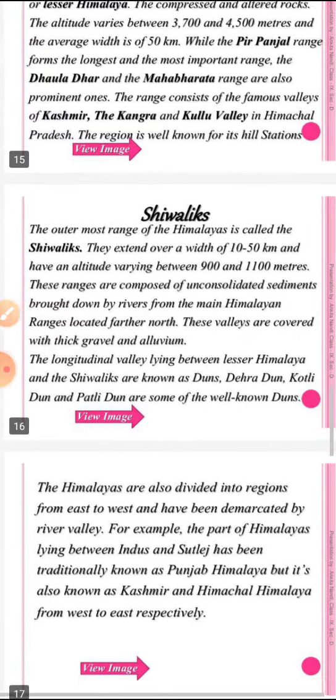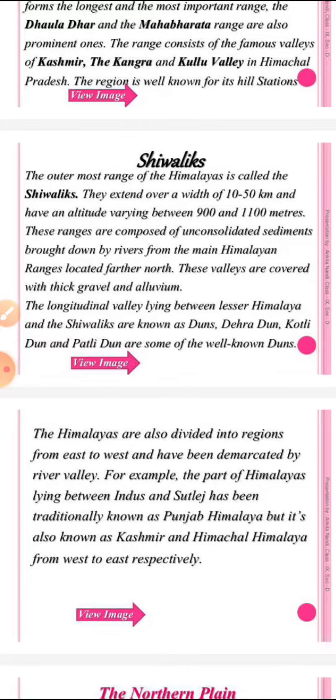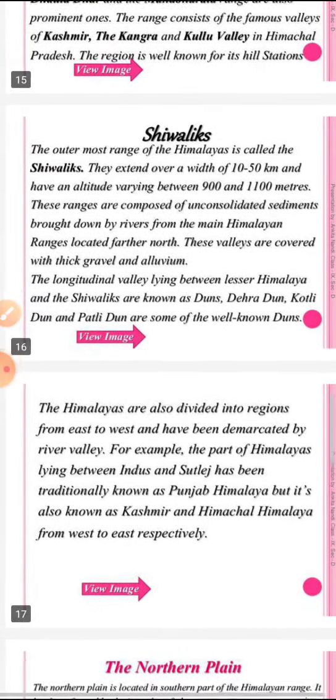After that, we will discuss the east to west division of the Himalayas. From west to east, the Himalayas have been demarcated by different river valleys. The part lying between the Indus and Satluj is known as Punjab Himalaya, but it is also regionally known as the Kashmir and Himachal Himalayas.